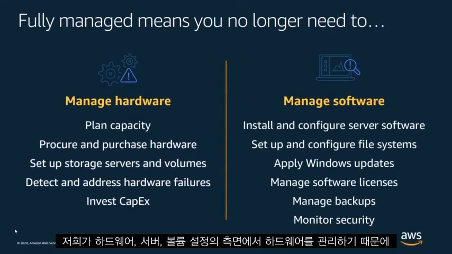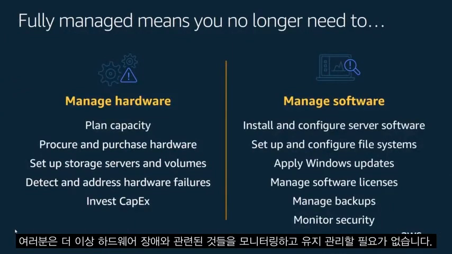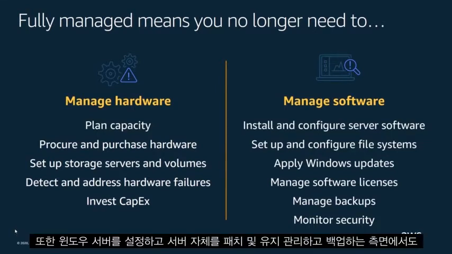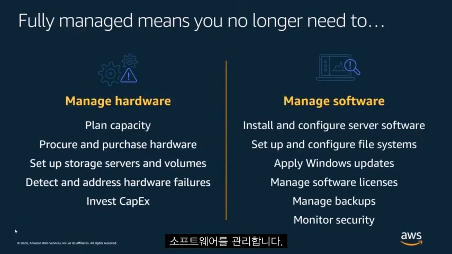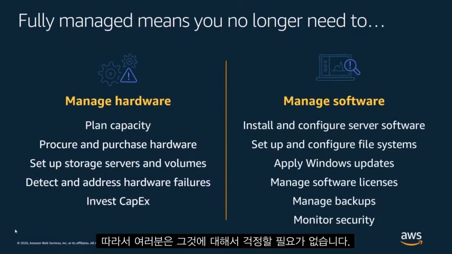We take care of managing the hardware in terms of setting up the hardware and the servers and the volumes, and you no longer need to monitor and maintain them in terms of hardware failures. We also manage the software in terms of setting up the Windows servers and also patching and maintaining the servers themselves and backing them up. So you don't have to worry about that as well.